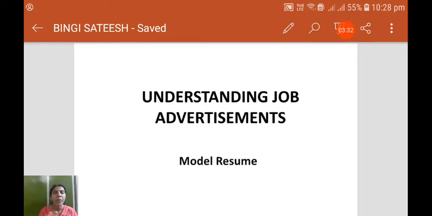So after objectives, our next section is work experience. Those who have the work experience, they can write their experience in this column.